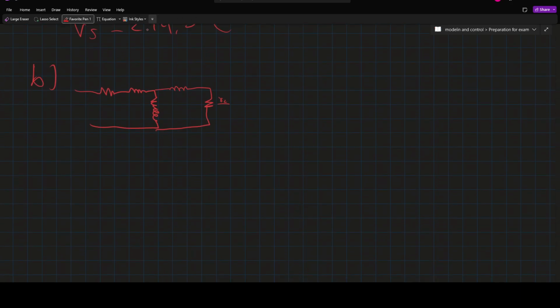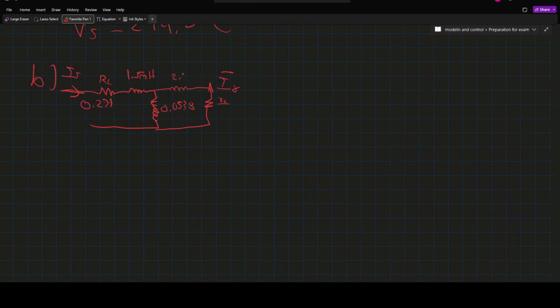And now we have here our IS. We know that we have here our IR. This is our R1, this is 2.77. This inductance is 1.5 millihenries. This one is 0.0538.